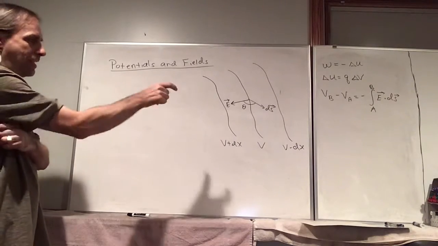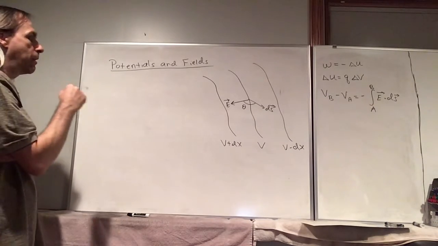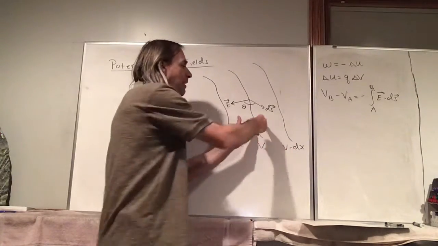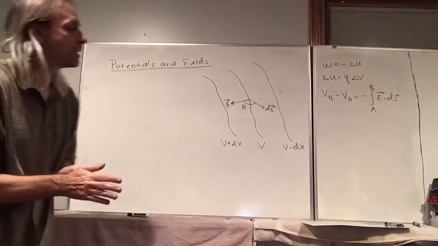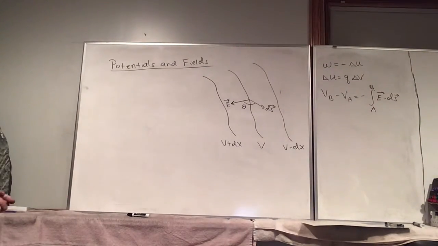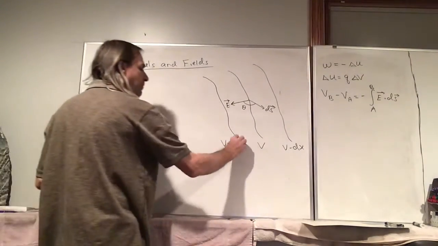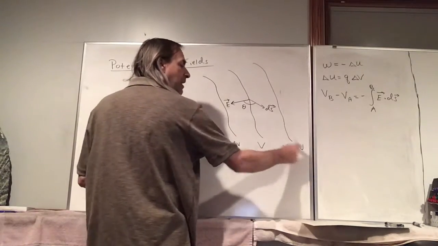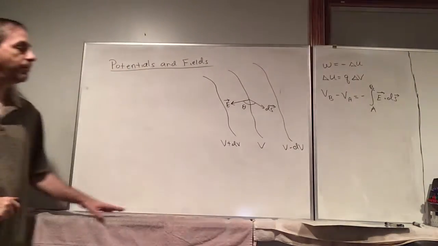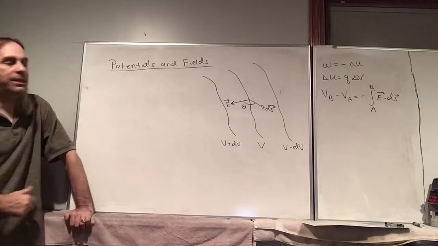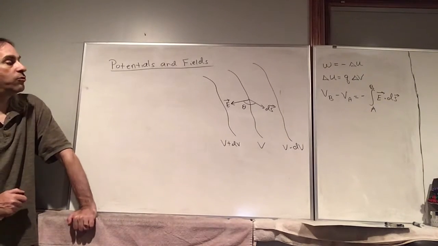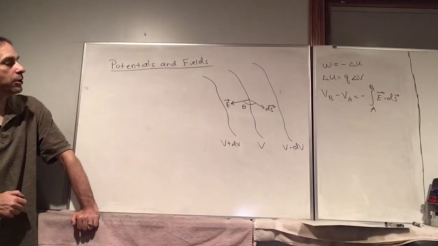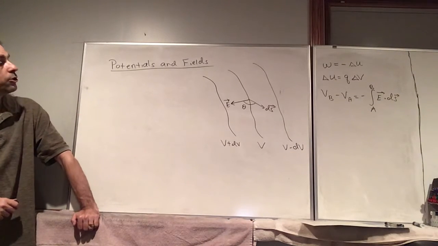I want to make a displacement across an entire, label these V plus dV, like the spacing between each is a small voltage change. Sorry, this should be dV, not dx. That made no sense. So we're talking about a very small change in potential, like the spacing between each of these equipotential lines. And I want to make this displacement completely go from one line to another.